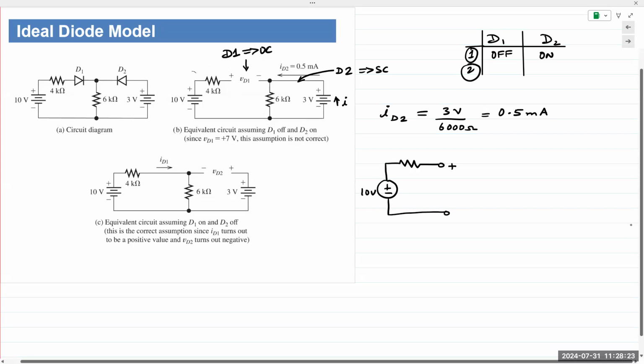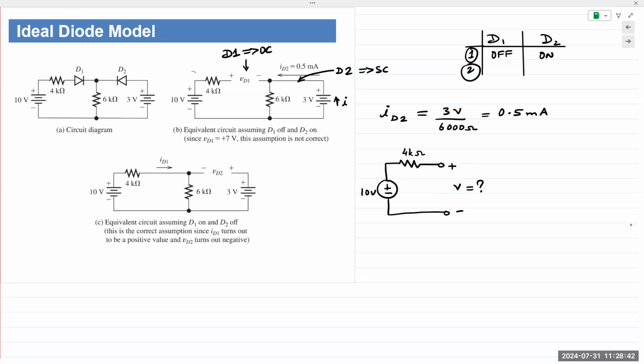What is the voltage at this point? What does that circuit remind you of? So what is the voltage at the output terminals? It's an open circuit.